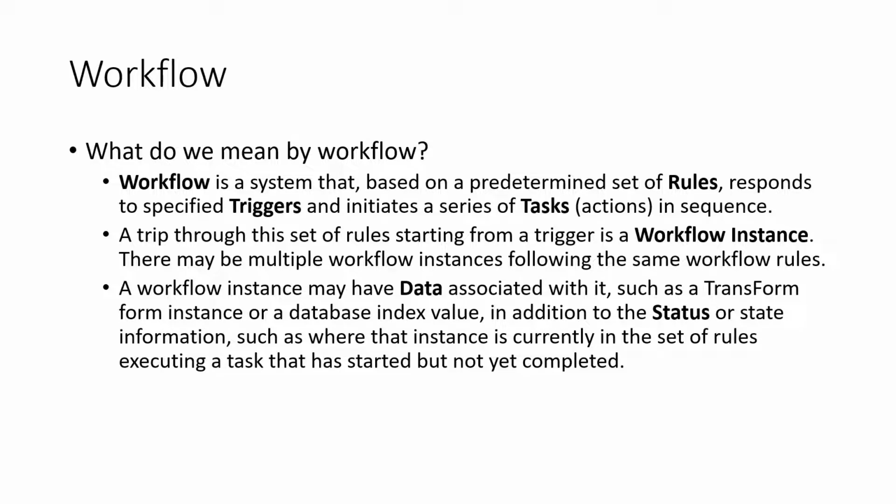But there may be some other database index value. There's other information that can be passed in. In the current system, there is no shared data available yet to pass from one action to another, but we want to be able to do that, and we have a pretty hefty design about that whole thing.